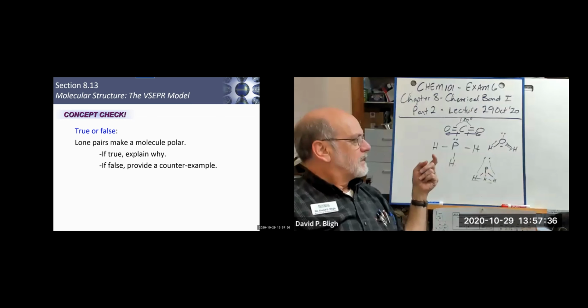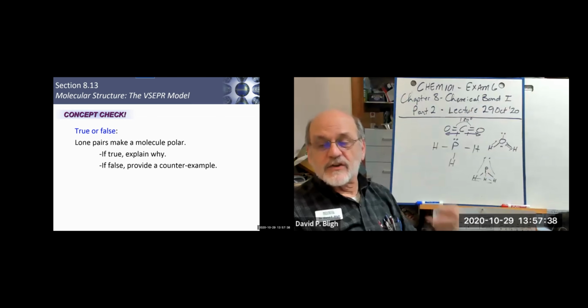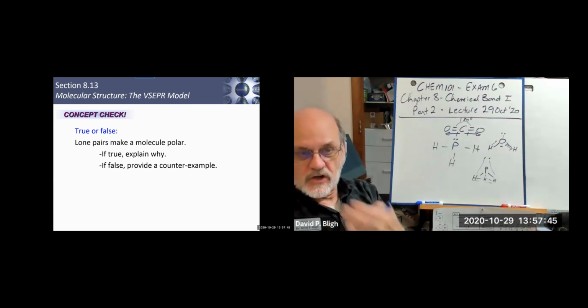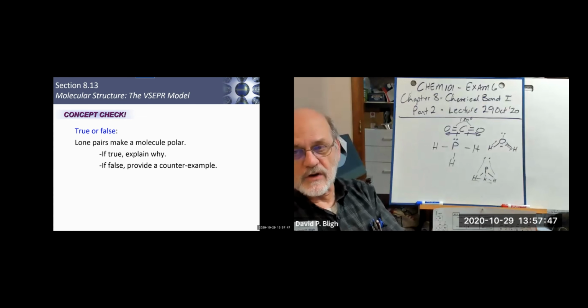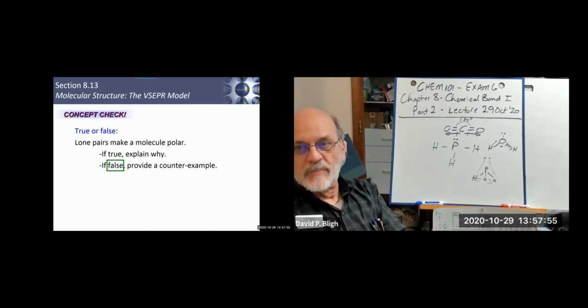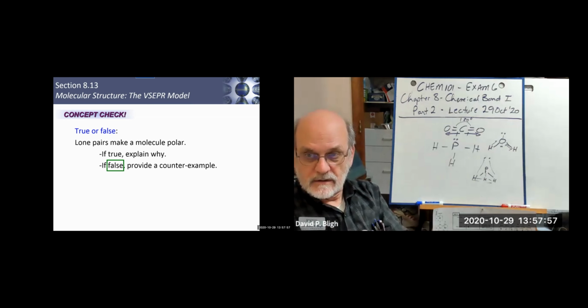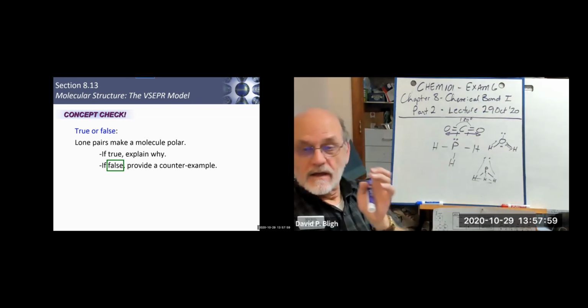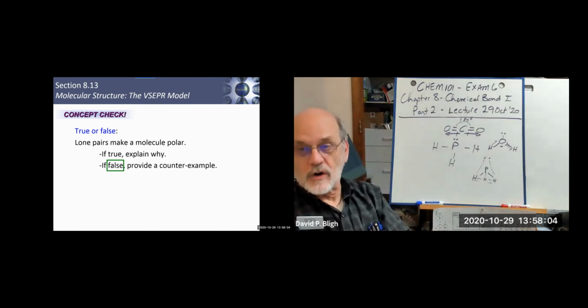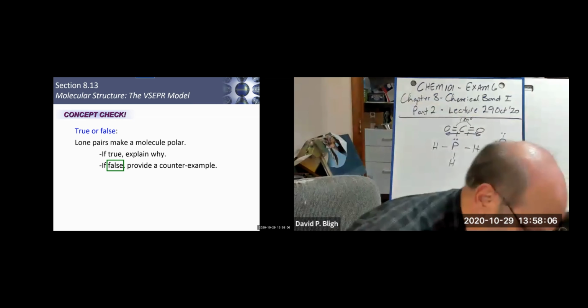So those lone pairs add to the polarity of the molecule. To answer this question, just because you have lone pairs, you don't necessarily have a polar molecule. They can make the molecule more polar, but it depends on the geometry. And in that case, the electronic geometry determines whether the molecule is polar.